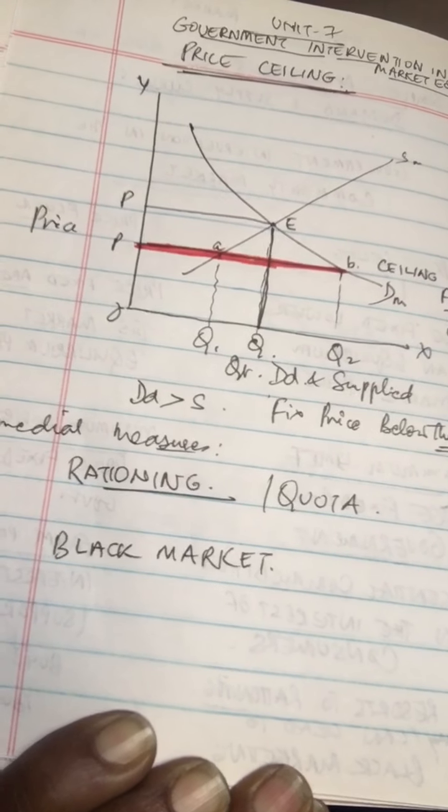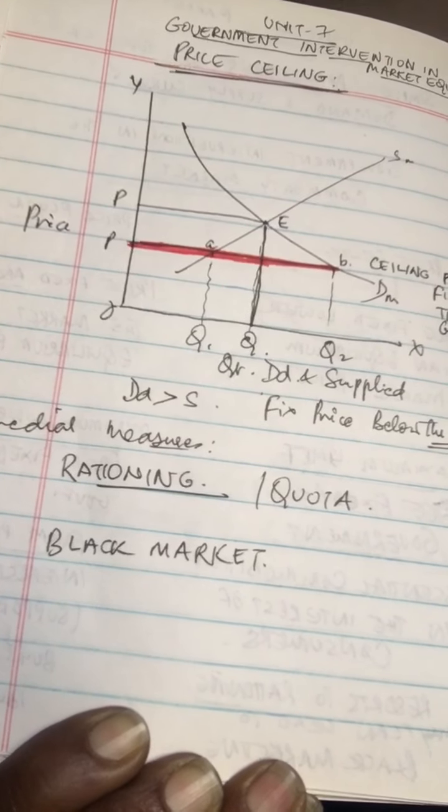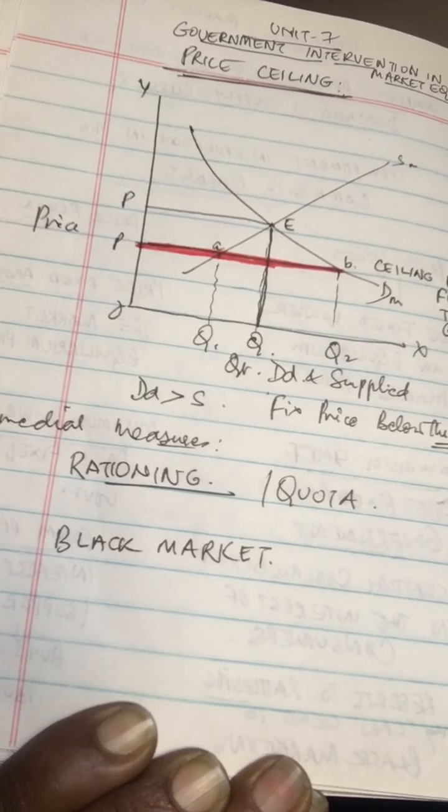So black marketing compounds the problem of scarcity and keeps the poorest of the poor in a state of deprivation.